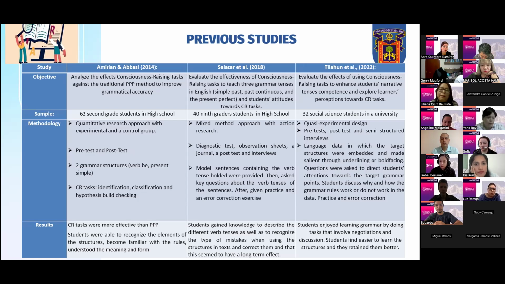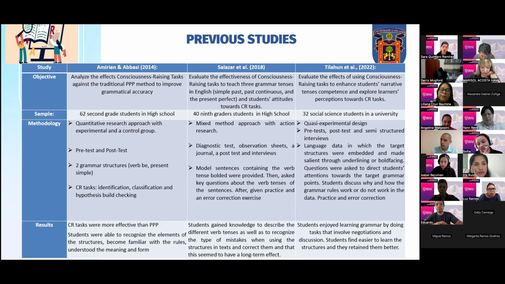This study was carried out in a high school, and the author used a diagnostic test and a post-test, and observations, a journal and interviews to see the reaction of students after the implementation.